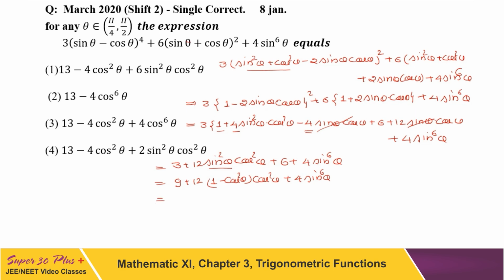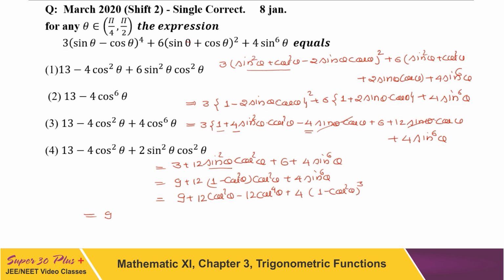Now simplify again. It is 9 plus 12 cos²θ minus 12 cos⁴θ plus 4 times (1 − cos²θ) whole cube. Now again simplify it.